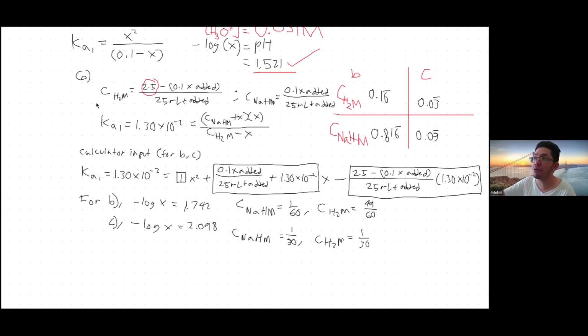Okay, you try to solve. So that's automatic: 0.1 times 5 over 25 plus the volume added.